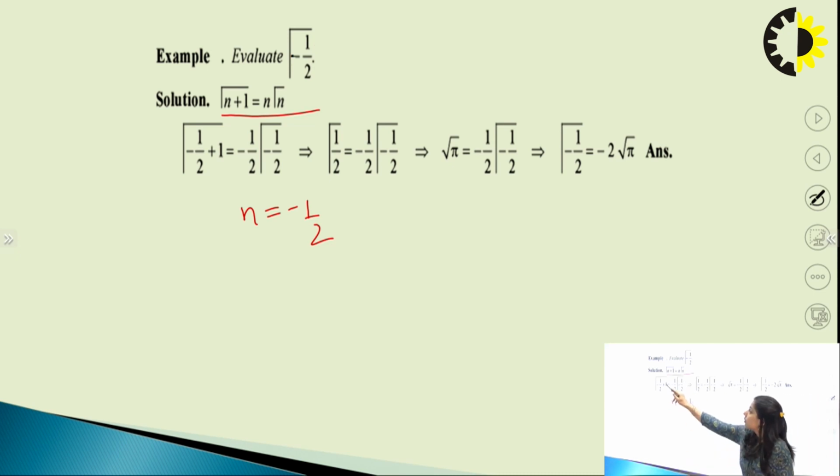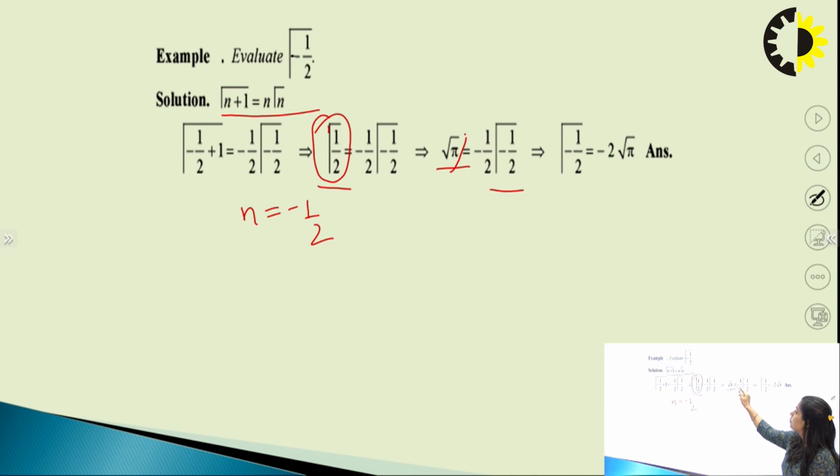Now we will simplify this: gamma(1/2) = -1/2 gamma(-1/2), so under root pi = -1/2 gamma(-1/2). We know that gamma(1/2) = under root pi. So this implies that gamma(-1/2) = -2 under root pi.